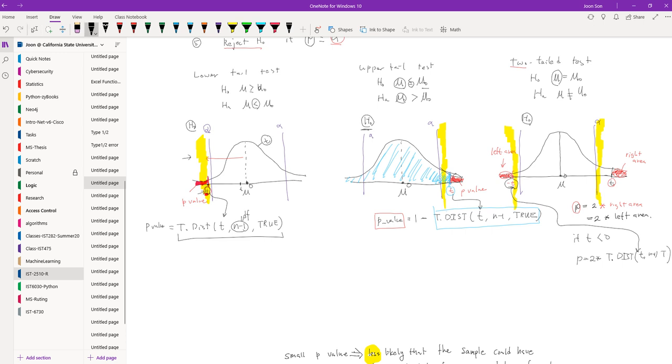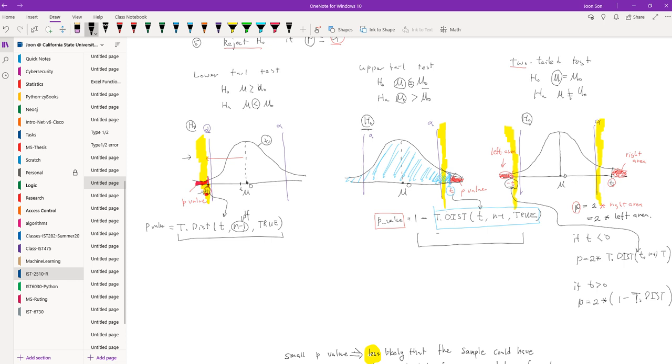And when the t value is positive, we still can use this function by putting in the negative value. So if the t is positive, the actual equation is p equals 2 multiplied by 1 minus T.DIST, t, n minus 1, TRUE.